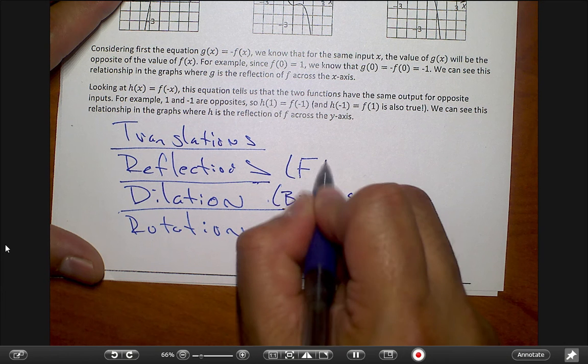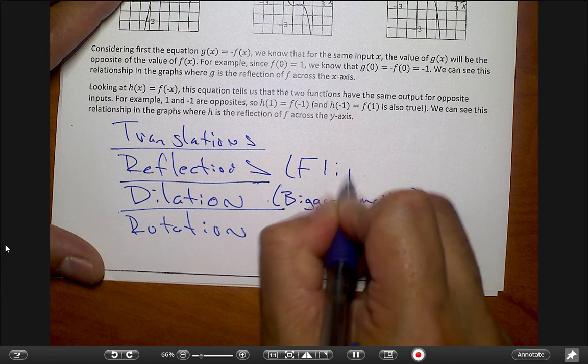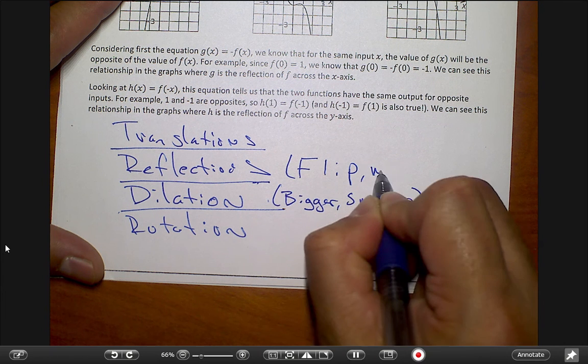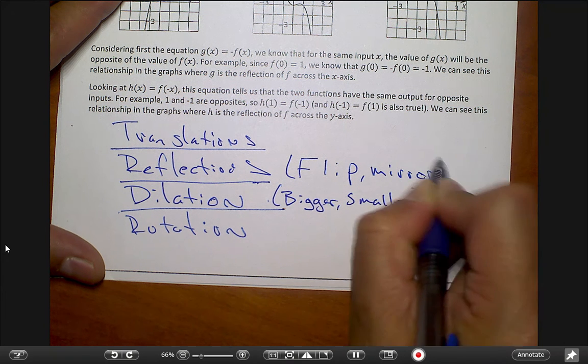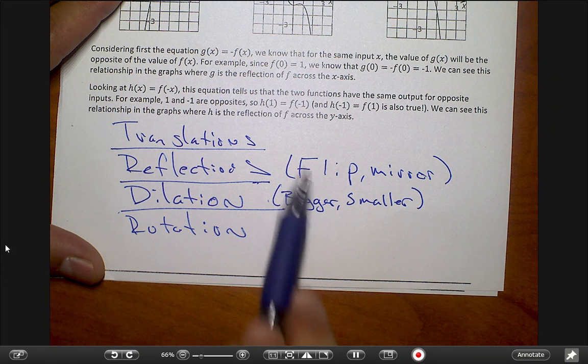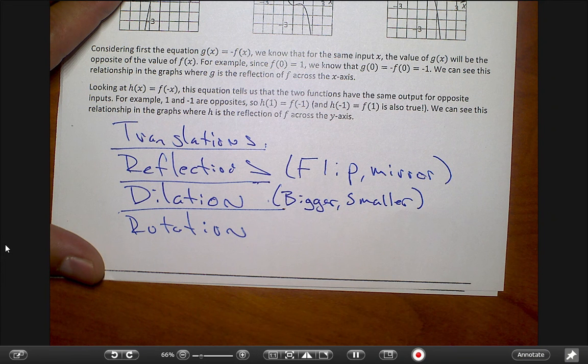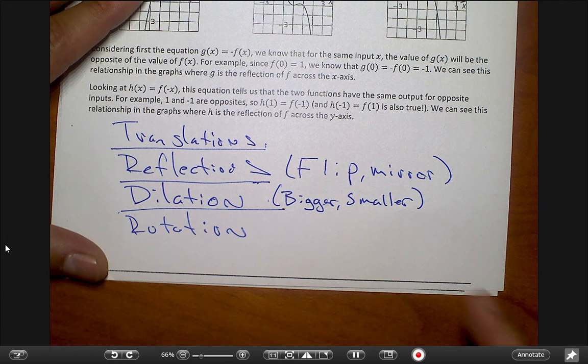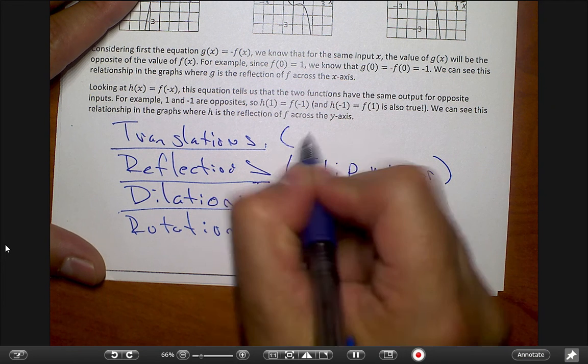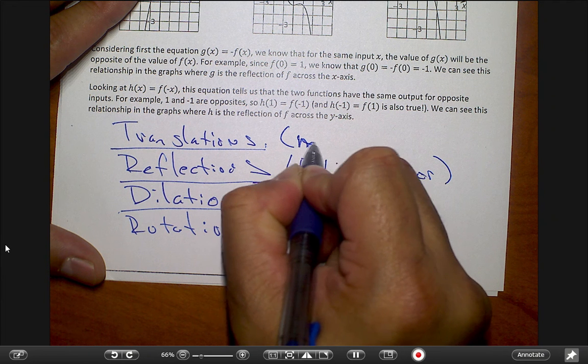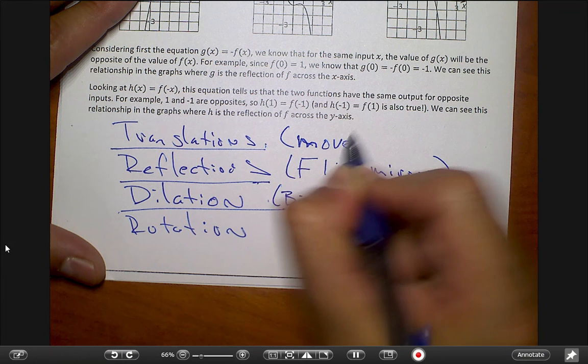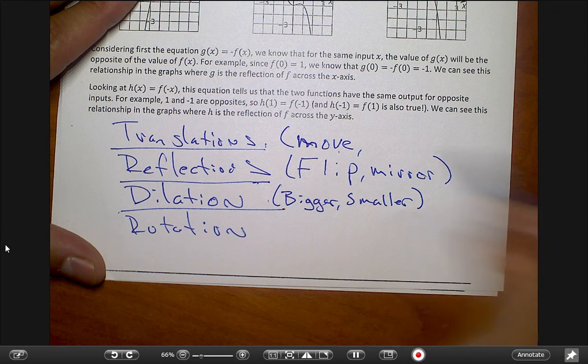Flip or mirror, very good. Give me a good word for translations. Move, that's a good one. And rotation would be?